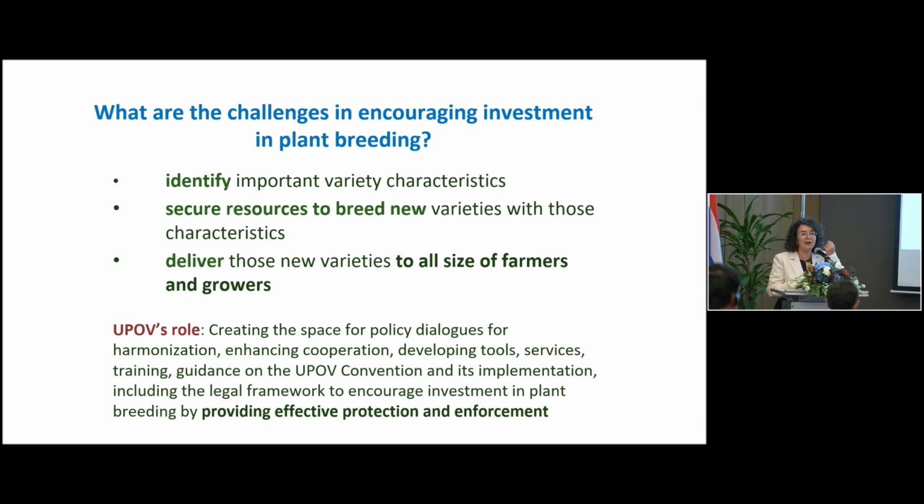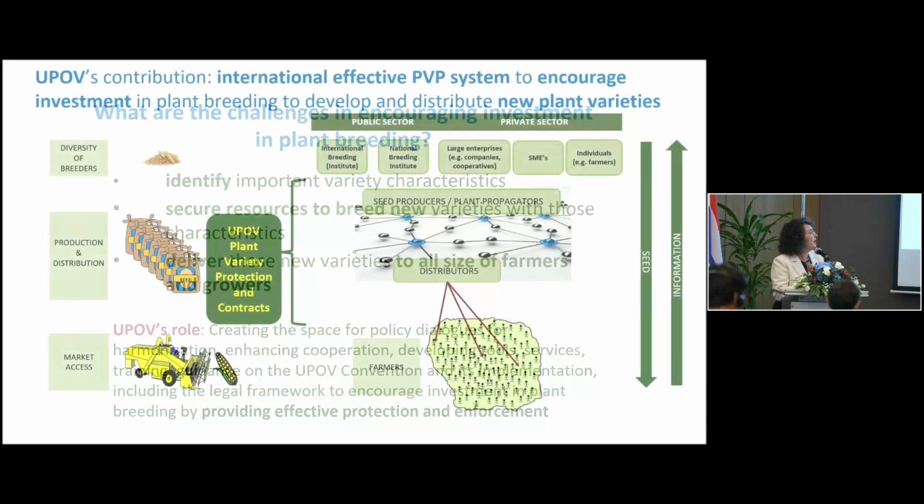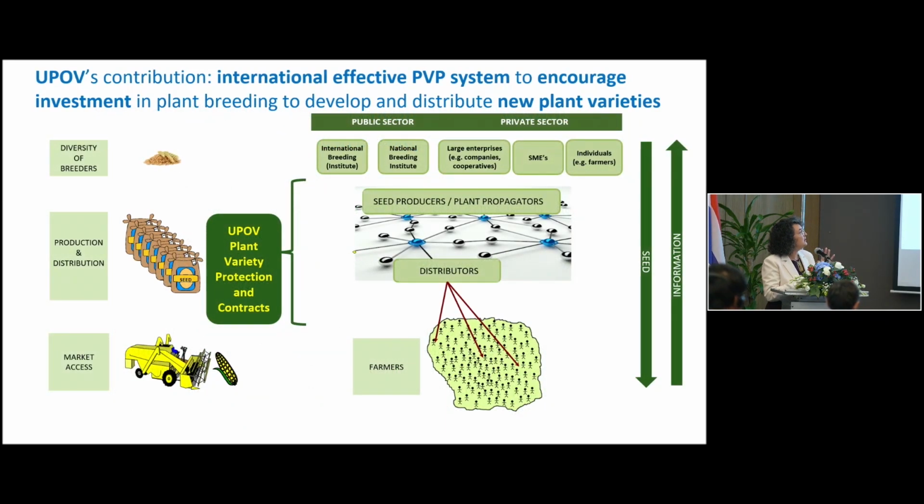And how can we highlight that with an image that will be easier for us to understand? I'm giving you a little summary of what a vibrant, effective plant variety protection system will look like. First, you can see the diversity of breeders is very important. We need all of them.